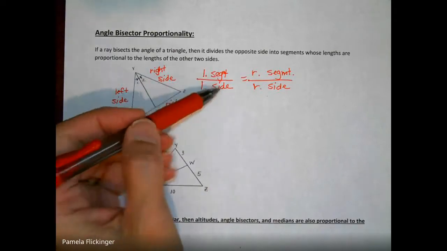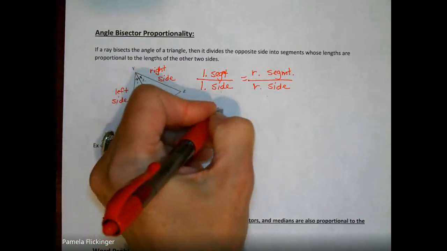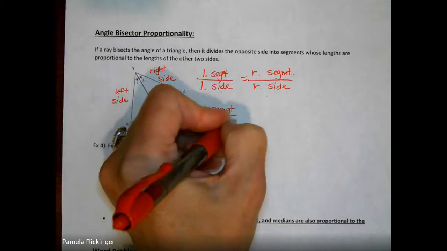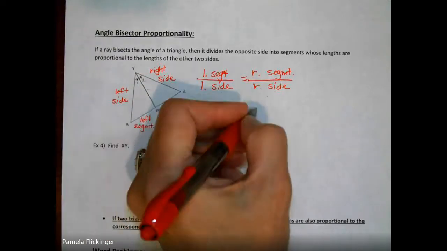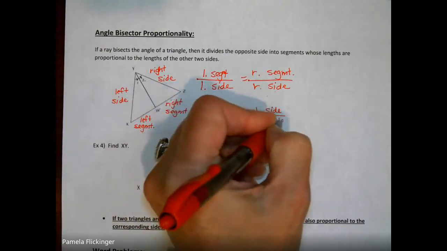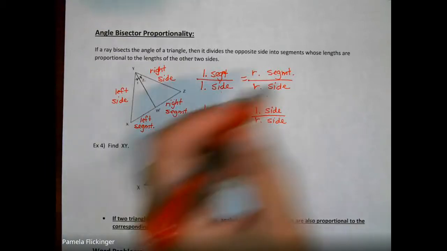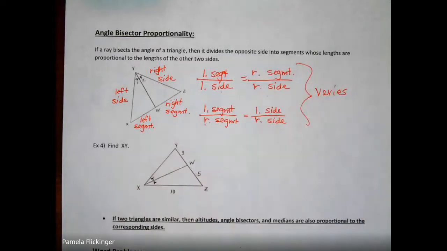Segment over side, segment over side. If I wanted to do left segment over right segment, then I've got to keep the left over right the same. So this would be left side over right side. All right, so this varies. You just have to keep the same pattern.